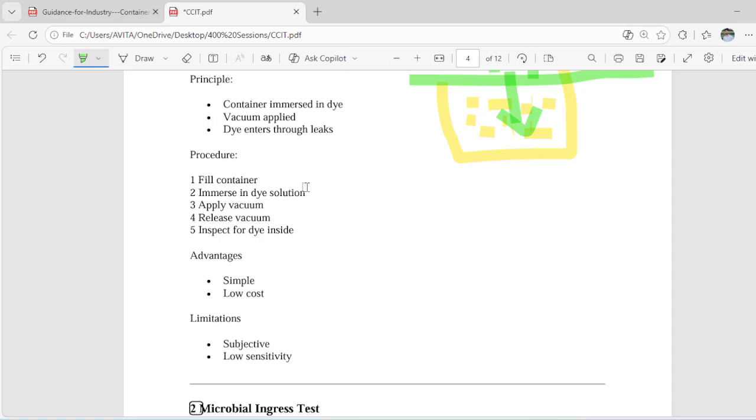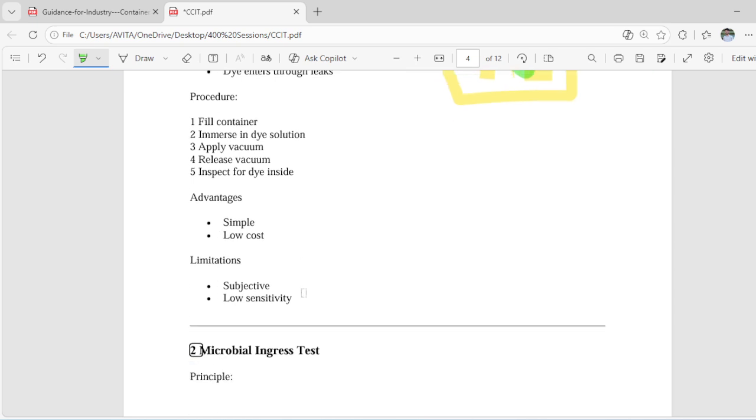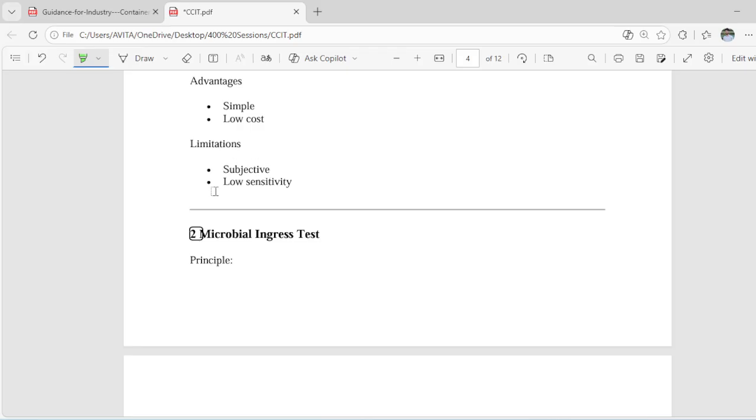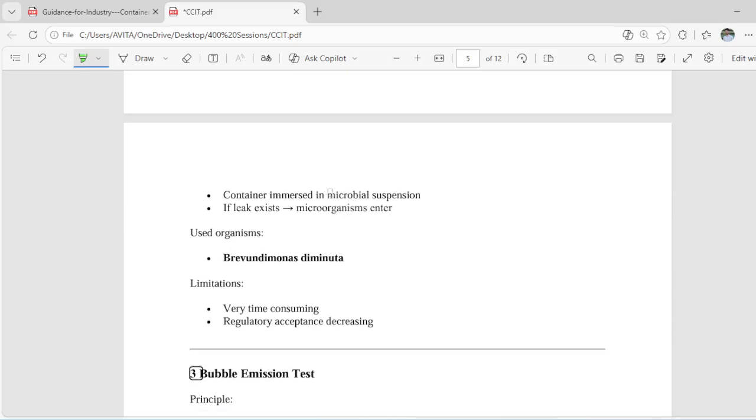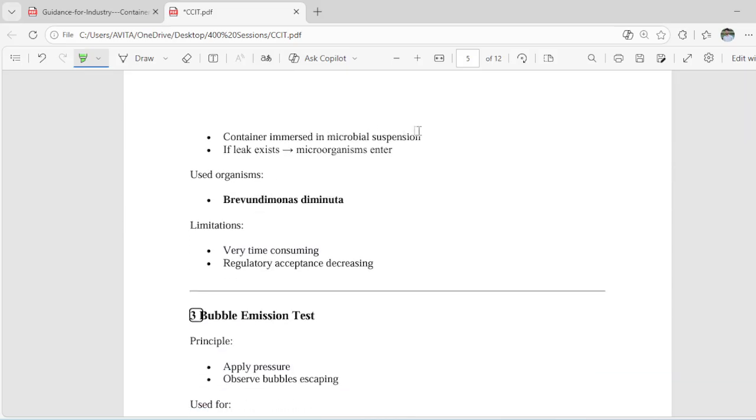That's the principle. What are the advantages of this? First one, very simple. We don't need any advanced equipment. Second one is low cost. Limitations are subjective and low sensitivity. The second test we have is the microbial ingress test. Again here the container is immersed in the microbial suspension, and if a leak exists, microorganisms will enter.